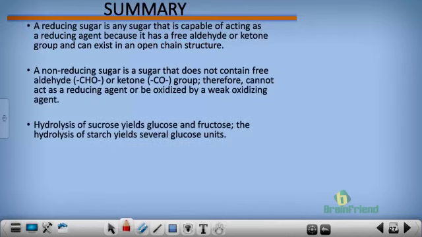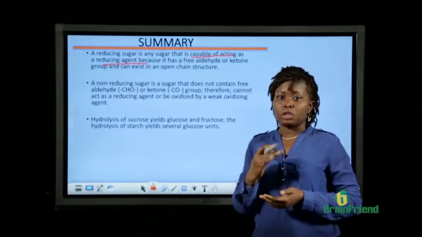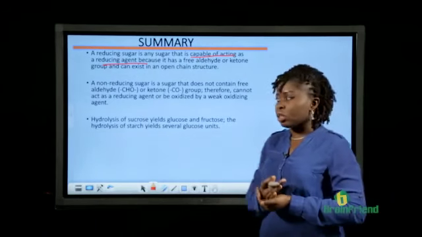So we'll just take a quick summary of what we have learned today. We said that a reducing sugar is any sugar that is capable of acting as a reducing agent because it has a free aldehyde or ketone group and can exist in an open chain structure.